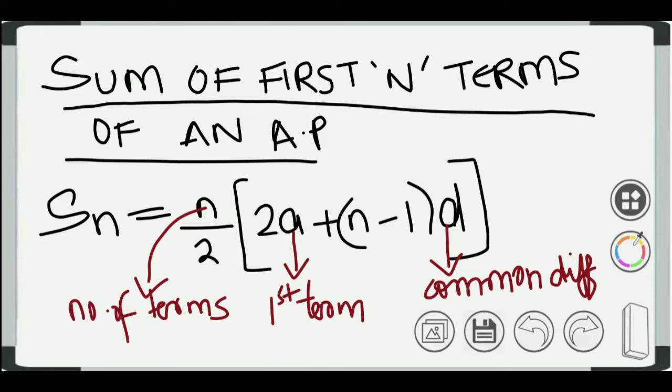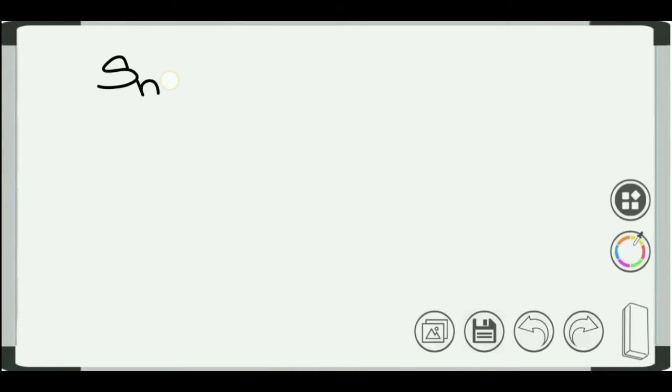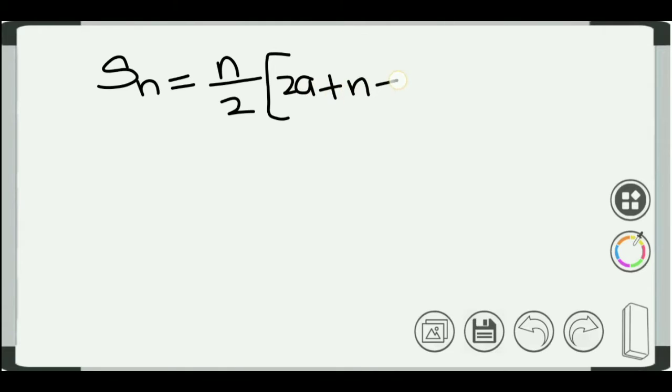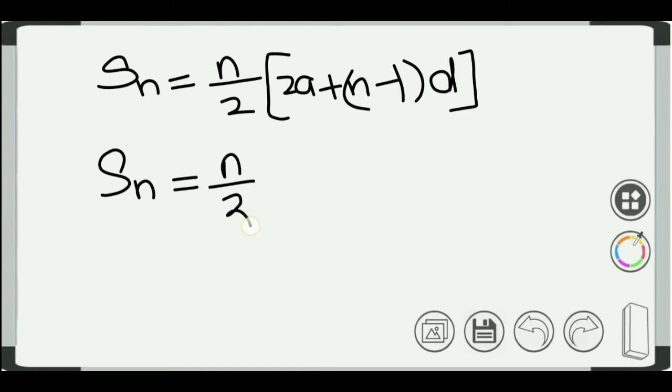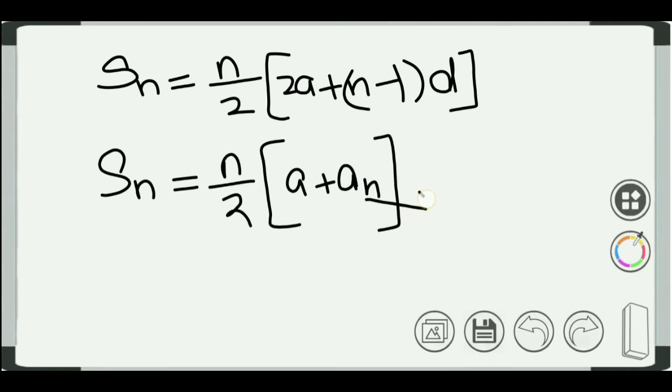Now you can note down another formula. See, first was Sn is equal to n by 2 into 2a plus n minus 1 into d. Next one is Sn is equal to n by 2 into a plus an. So instead of an, if you want, you can write L. See, this n by 2 is the same as number of terms.